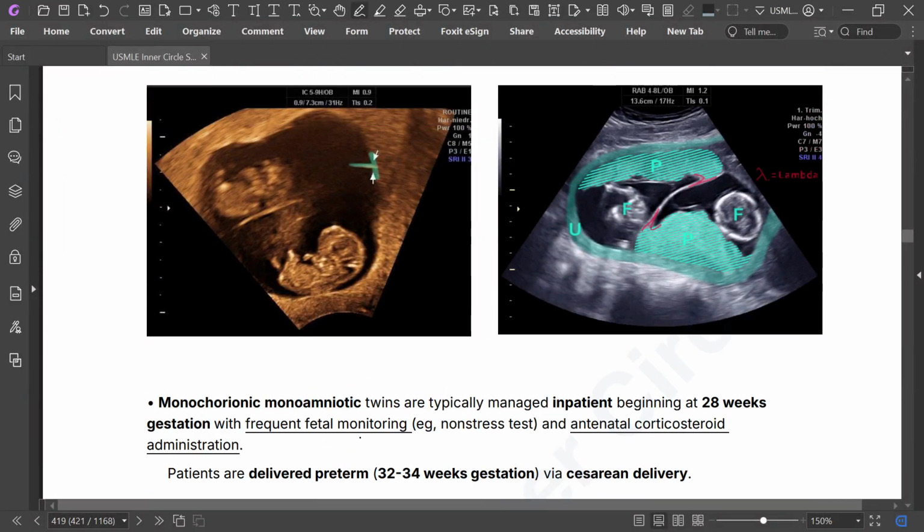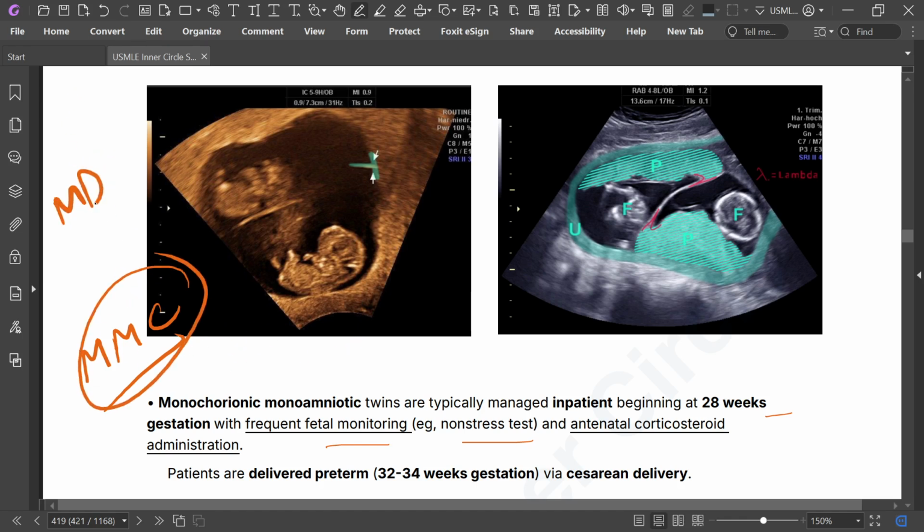Monochorionic, monoamniotic twins are typically managed inpatient, beginning at 28 weeks of gestation, with frequent fetal monitoring, non-stress test, and antenatal corticosteroid administration. And double M patients are delivered at 32 to 34 weeks of gestation via cesarean. Double M should be C.